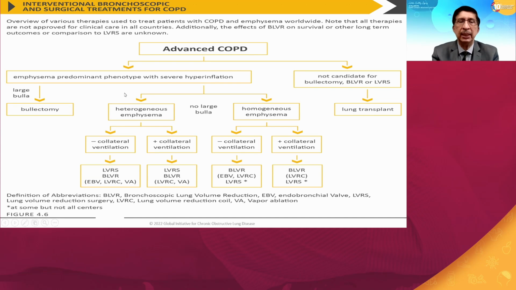But if the patient has an incomplete fissure, there is blood flow from the middle lobe, for example, coming up to the right upper lobe, then valves cannot be used. So then we need to use what we call lung volume reduction coils or vapor ablation treatment.